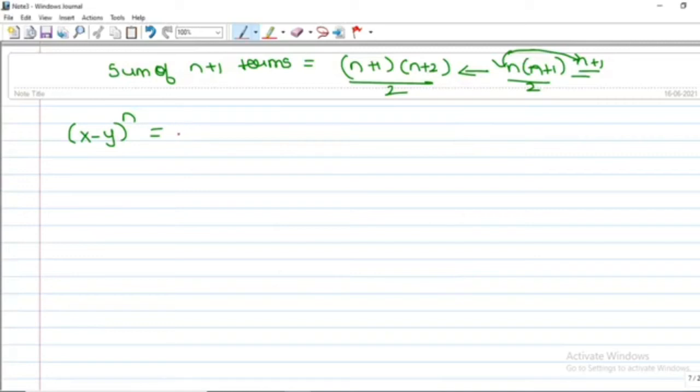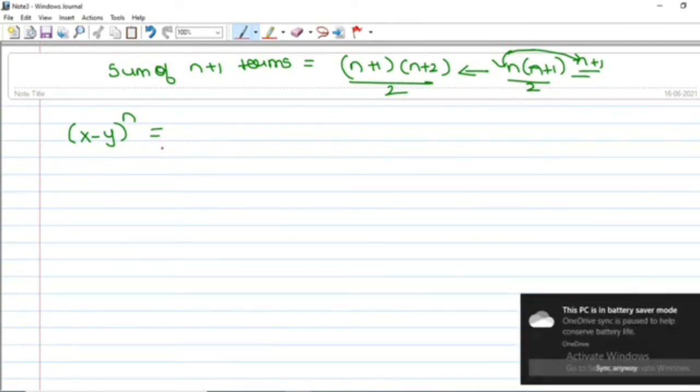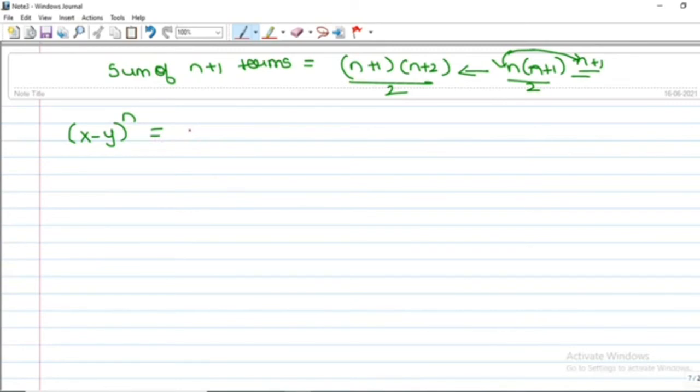If we expand this, it will be like this: nC0 x power n. But at odd places, when the nC1, nC3, nC5, nC7, nC9 terms appear, there will be a minus sign. Just take care of that. Rest it's all the same.